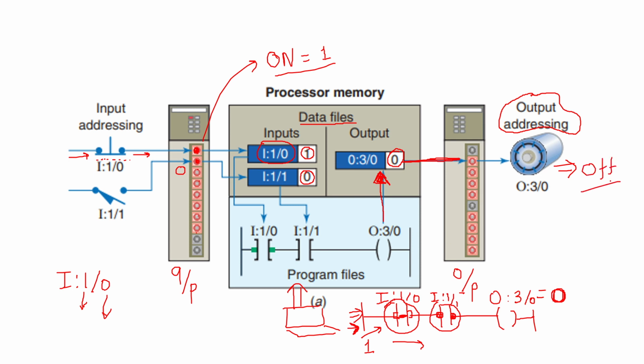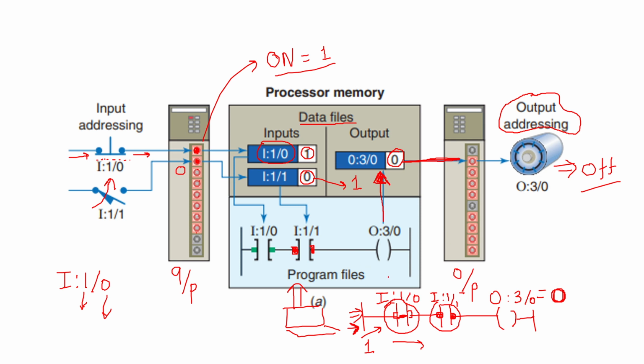Now someone is telling you, I just close this switch. If they close this switch, the signal sent to this address is 1, and you are also getting 1 here. So this normally open contact in the software passes the supply, it turns on.